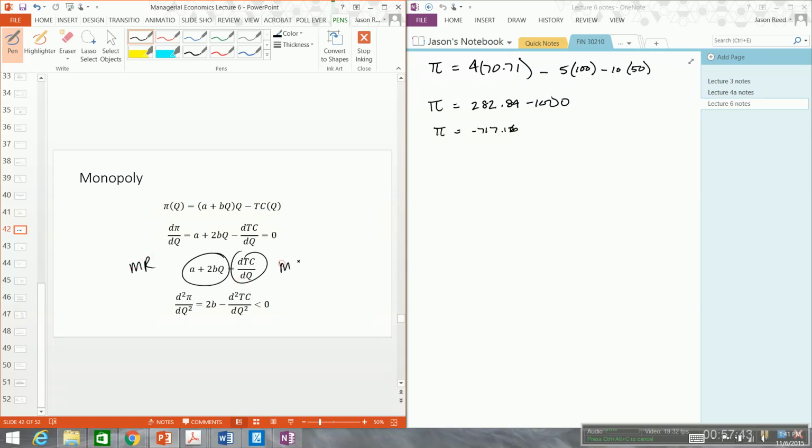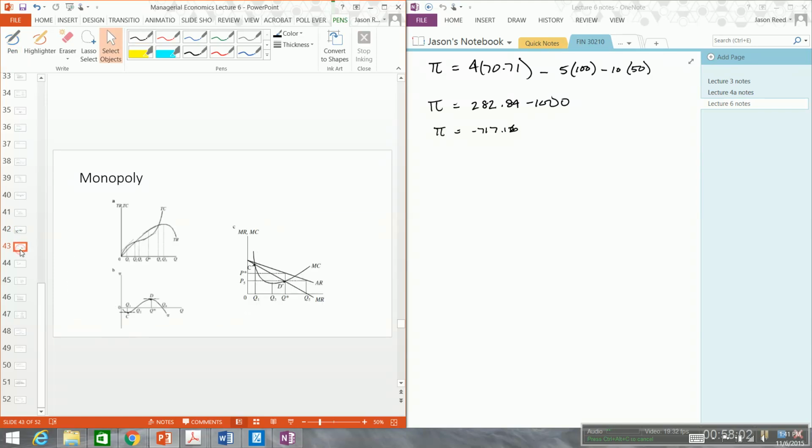This is our marginal cost. How do we know it's marginal revenue? If we were to graph this relationship with demand, this would be our marginal revenue curve, and the slope is twice as steep as our demand curve is. Okay, so we have the picture for this.